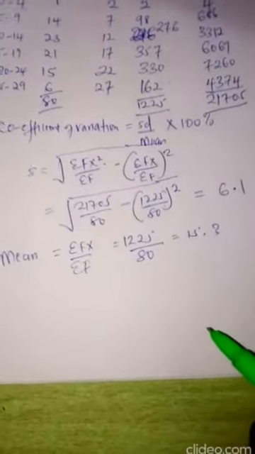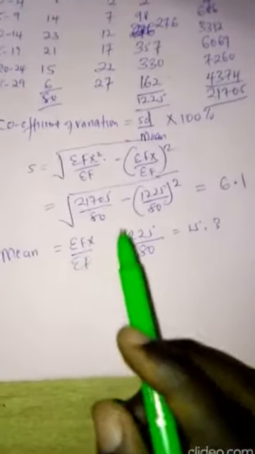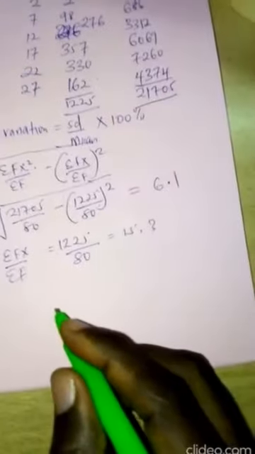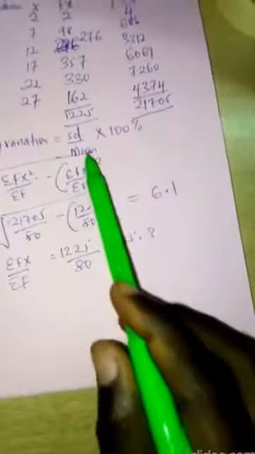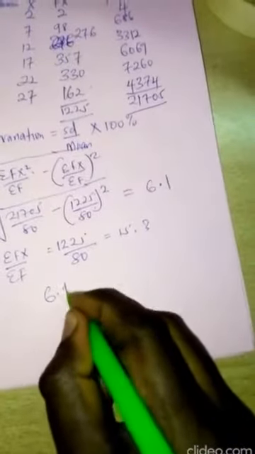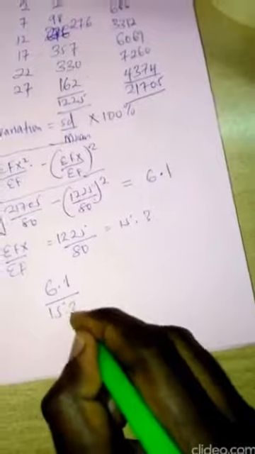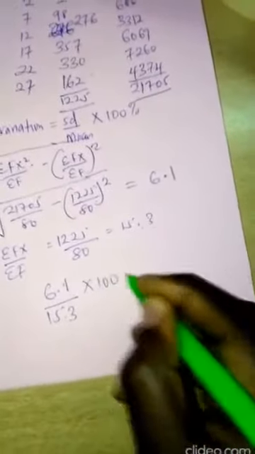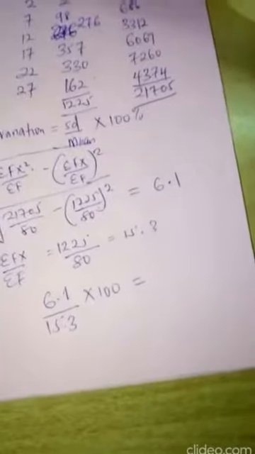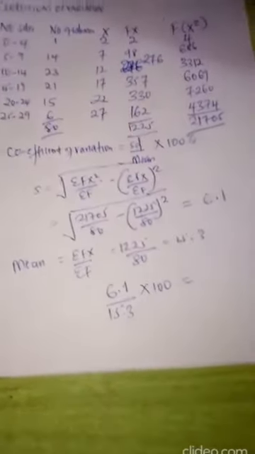Now from this you can compute the coefficient of variation by taking the standard deviation, which is 6.1, all over the mean, which is 15.3. Then you multiply by 100.